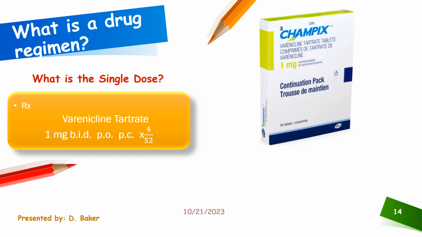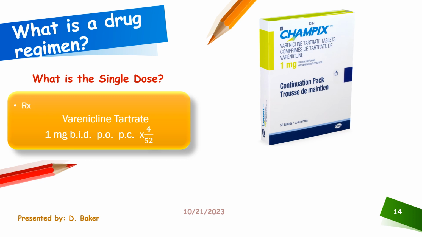Now, let's take a look at this example. So you have here Champix or varenicline tartrate. And for this tablet, we have a prescription here that says varenicline tartrate 1 milligram BID POPC times 4/52. Now, what is a single dose in this case?